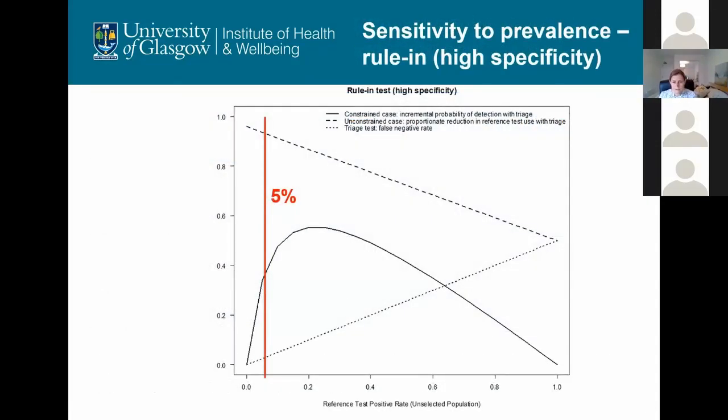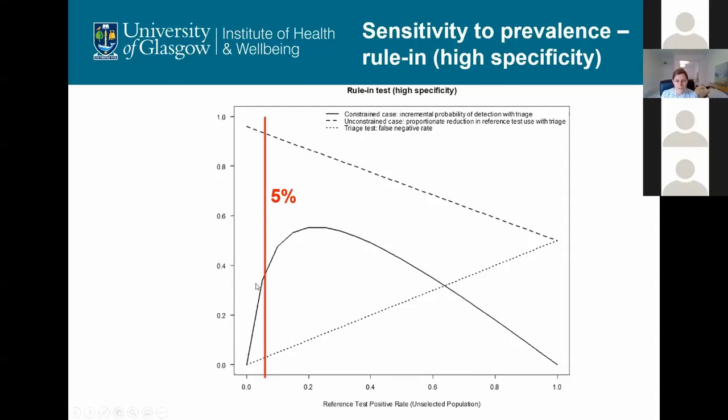So looking at some sensitivities, we've got here prevalence along the bottom and probability up the y-axis. This is our 5% prevalence in our base case. So you'd see we were at about 34% incremental cases. The solid line is when we're in the constrained case, what's the incremental probability of detection with triage?